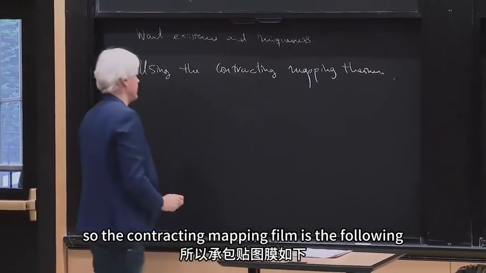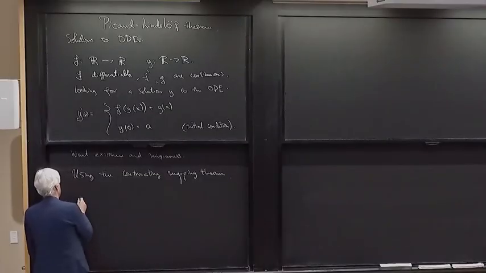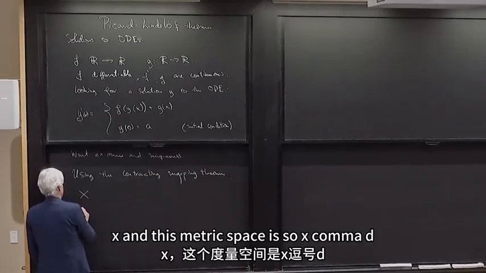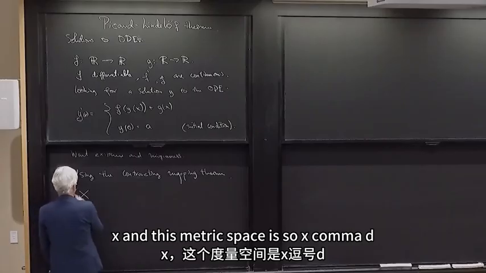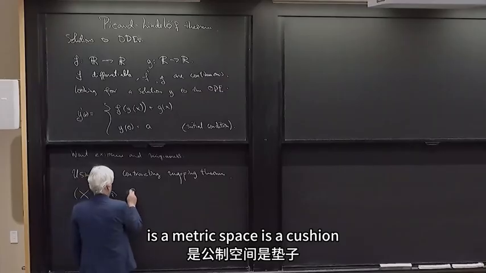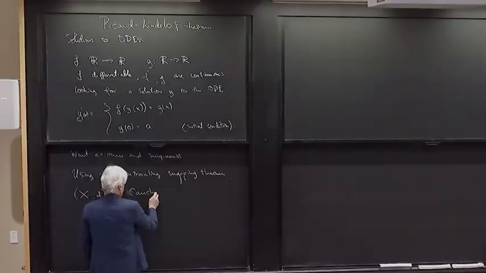The contracting mapping theorem is the following. Take a metric space (X, d) that is Cauchy complete.